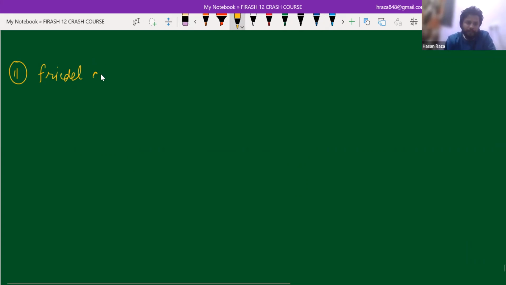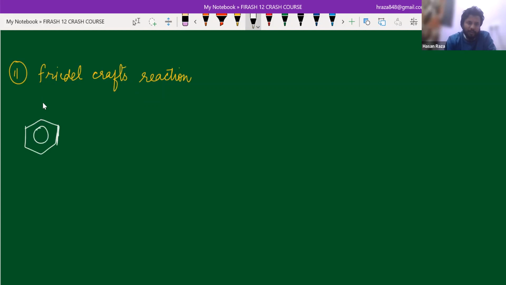So one is alkylation, in which we take anisole, that means methoxybenzene. You can see this is your anisole. The common name of methoxybenzene is anisole.